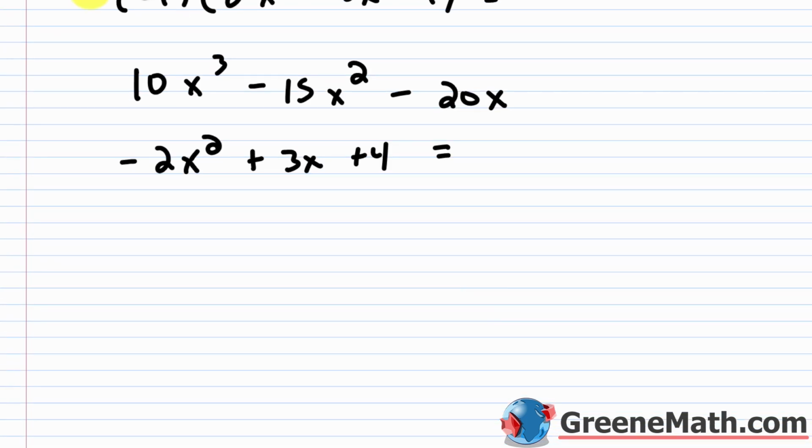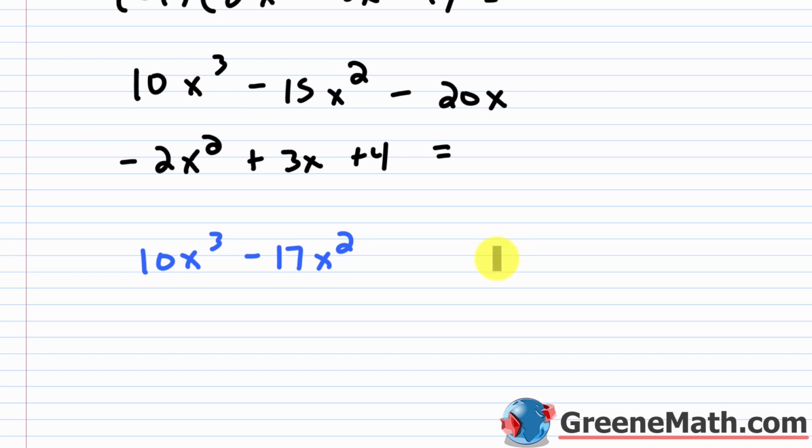Well, I have 10x cubed. Let me write that out in front. So 10x cubed. And then I have x squared, and that's going to be this -15x squared and this -2x squared. So combining like terms there, -15 minus 2 would be -17, and this would be x squared. And then let me erase this and this.